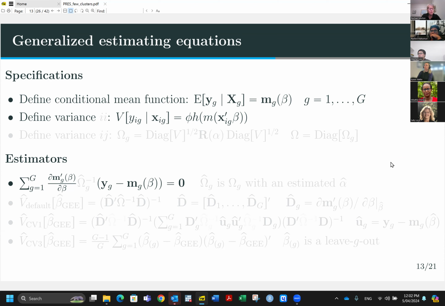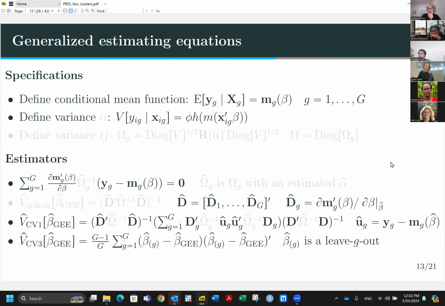With your bottom two estimators, CV1 and CV3, you could describe the difference between CV1 and CV3. Your whole presentation is really about this, but here is where you've got an opportunity to point out the differences, and I thought that would be helpful as you're going through these estimators.